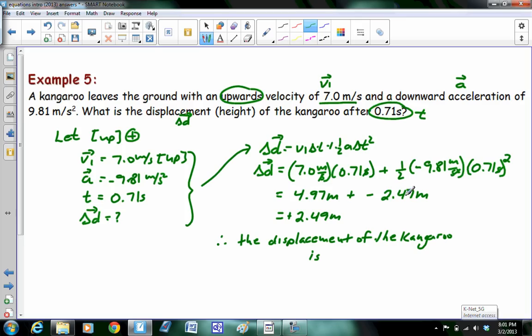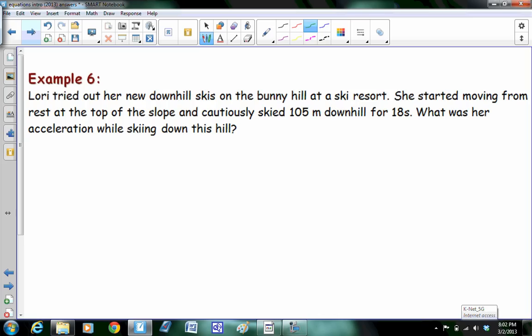So least number is going to be 2. So we round this to 2 significant digits: 2.5 meters. It's a positive number. Positive was upwards. 2.5 meters upwards. In other words, we know that the kangaroo during this motion traveled 2.5 meters upwards. Okay, so that's it for that example. Let's look at one more.